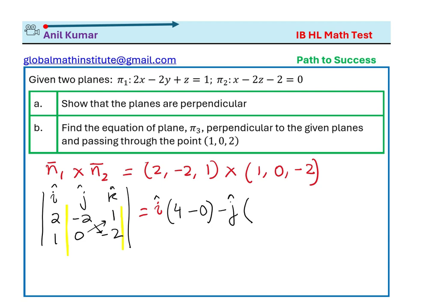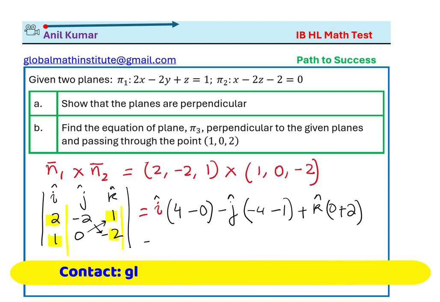For j, we use these four, excluding the ones in the same row and column, so the remaining form a determinant. 2 times minus 2 is minus 4, minus 1 times 1. And then alternately, plus and minus. For k, we are left with 2 times 0, which is 0, minus of minus 2, which makes it plus 2.